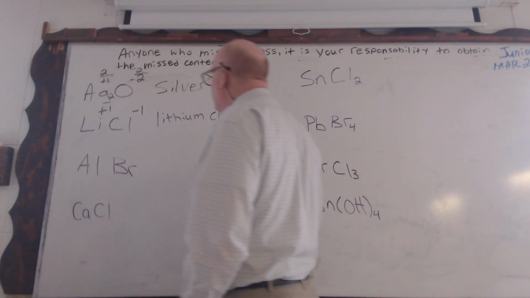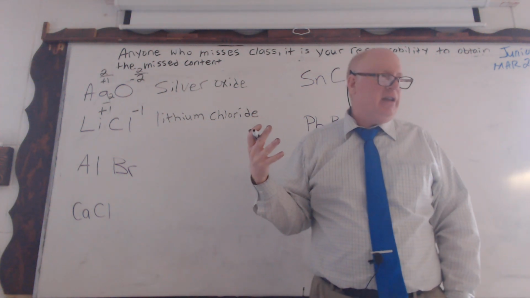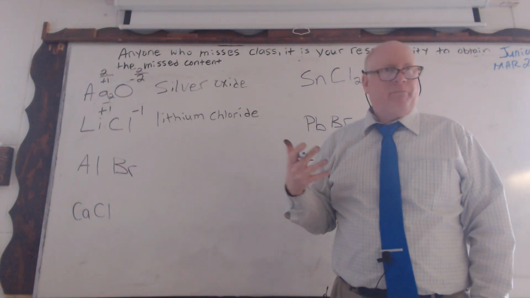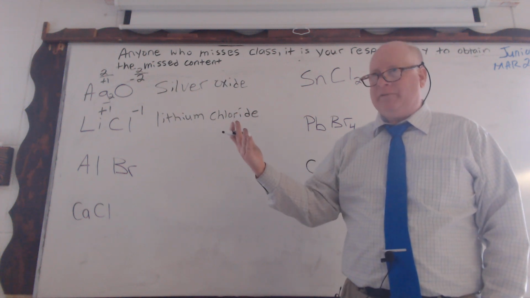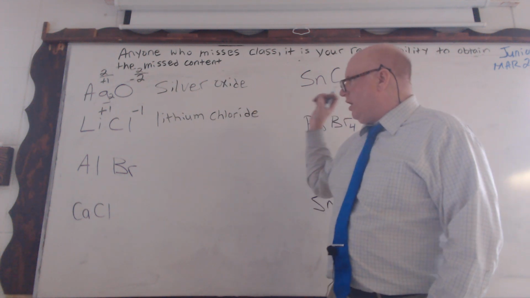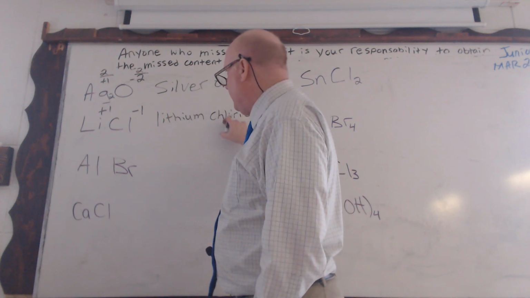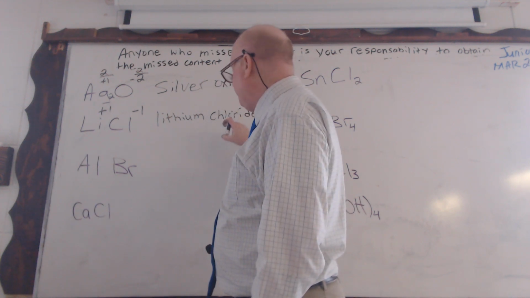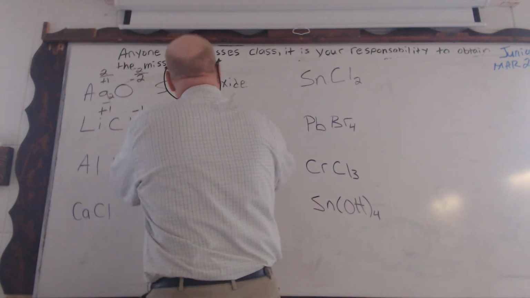Okay? Do we catch on to the pattern? The positive side doesn't change. Sodium, lithium, potassium, it's just how it appears on the periodic table. But with negative charge compounds, you change the name just ever so slightly. You drop off the last few letters. Well, let's go ahead and take a look at that.